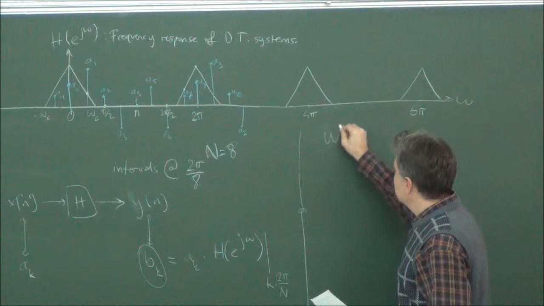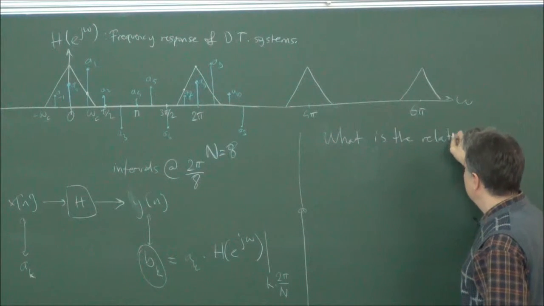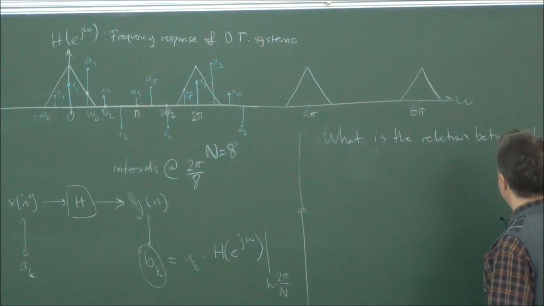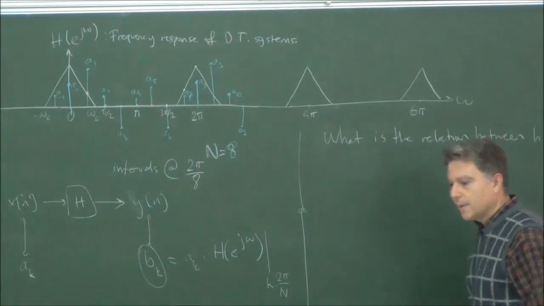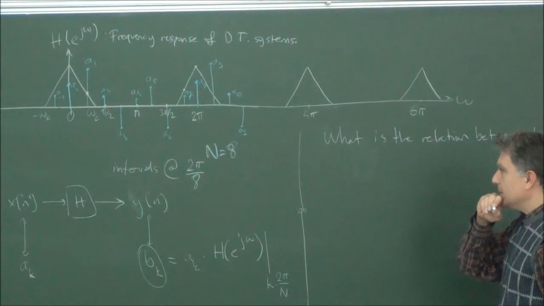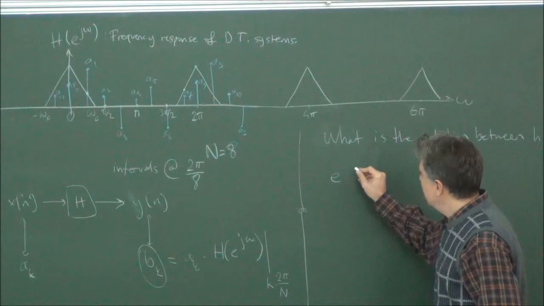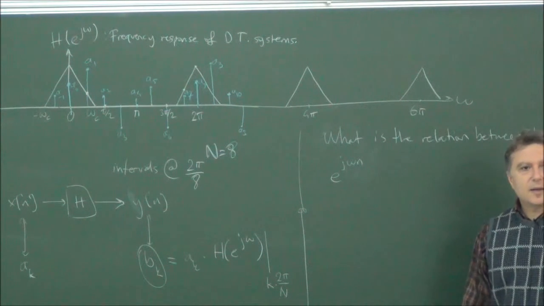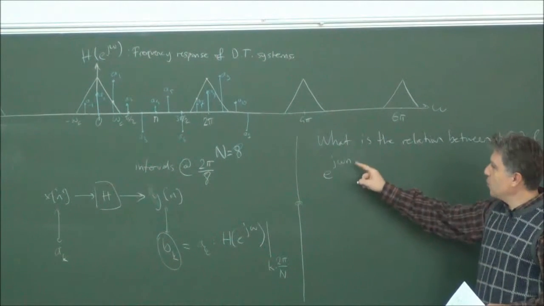What is the relation between h of n and h of e to the j omega? So how can we evaluate that? Such things are usually obtained by passing a pure sinusoid, which is e to the j omega n.